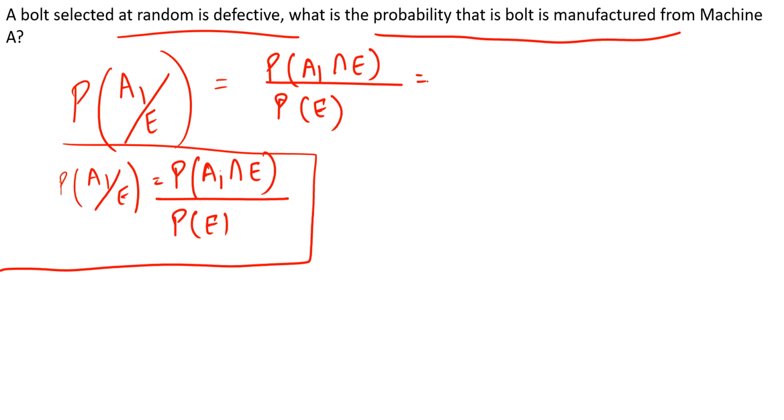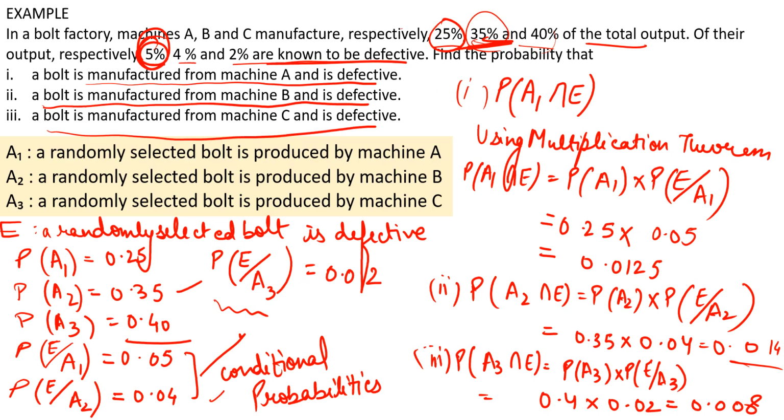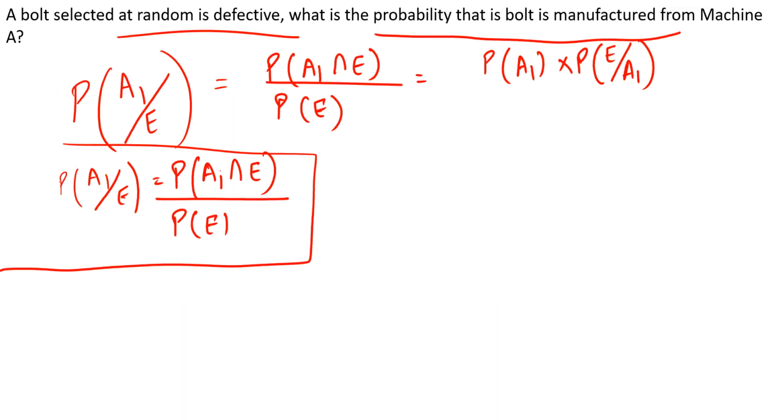So from here, what we can say is the probability of A1 intersection E is the probability of A1 into the probability of event E given A1 has already occurred. This we have already seen, using the multiplication theorem. Now this goes upon the probability of E. What is the total probability of event E, or simply the probability that a bolt is defective?